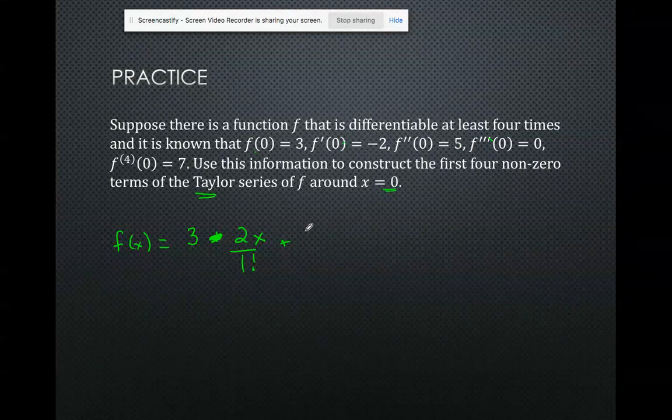plus 5 x to the second over 2 factorial, plus 0 times x cubed over 3 factorial, plus what? 7x to the 4th over 4 factorial.